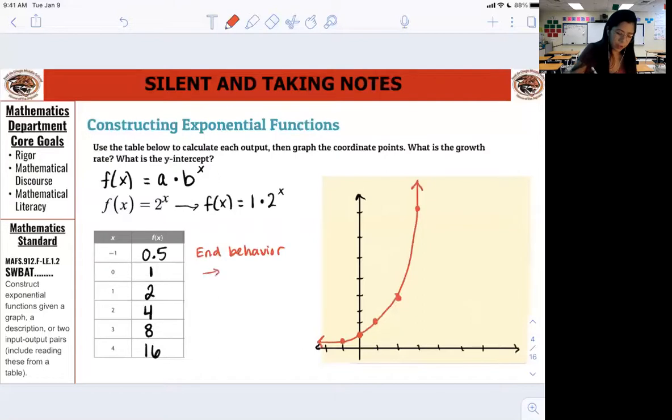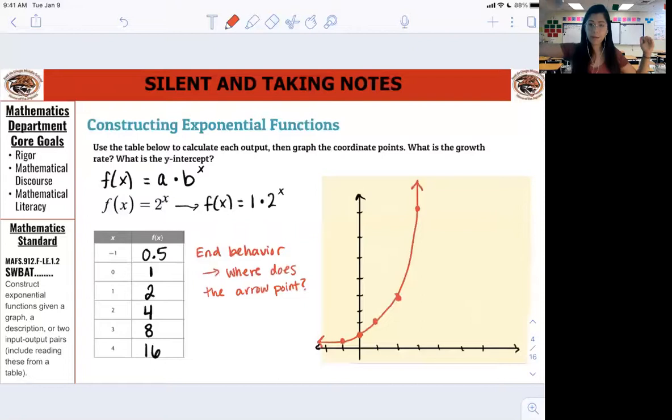And end behavior is basically where does the arrow point? We're going to look at both sides of this curved line, and explain where the arrow is going. So it's different from what we've done before, but let's get into it.